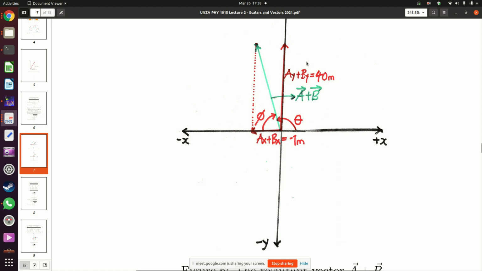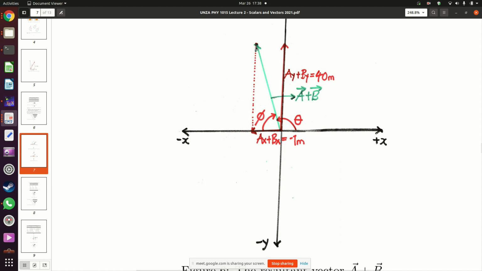So if you get the y component, you put it at the end of the x component. You shift it and you put it along this dotted line. You have not changed anything because the size still remains the same, 40 meters, and the direction in which it is pointing has not changed. It is just parallel to the y-axis.